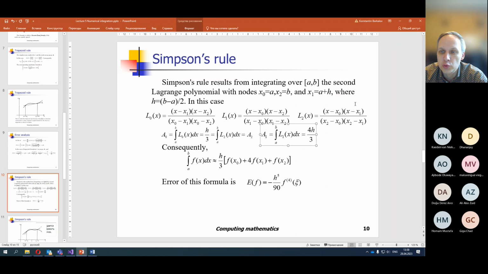And if we substitute all the values here, we find a very simple but very powerful formula called Simpson's rule, Simpson's formula. The integral from a to b of f of x dx equals h over 3 times f of x0 plus 4 f of x1 plus f of x2.